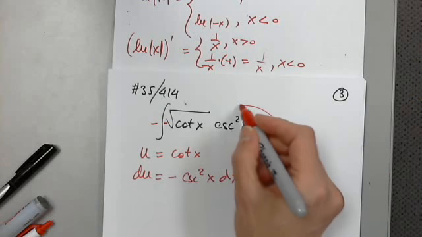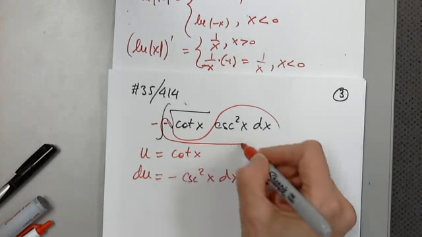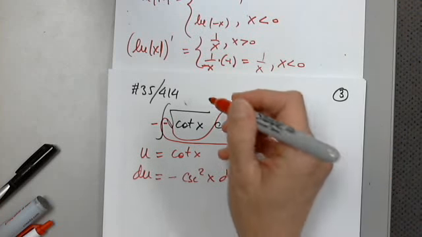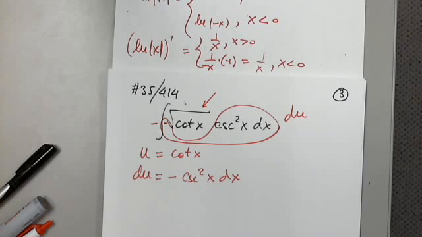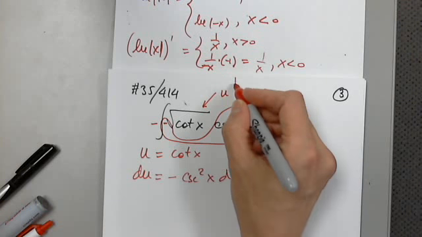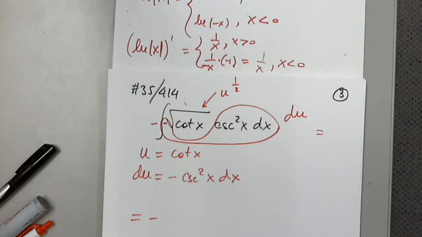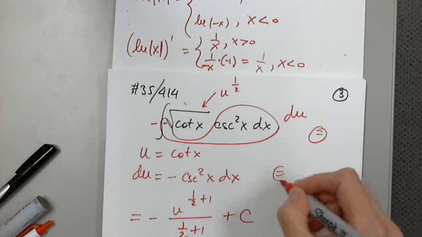But now I have this piece. What does this equal to? Perfect. And what is this? Square root of u. Very good. Or u to 1/2, because it's easier to handle that. So this is negative u to 1/2 plus 1 over 1/2 plus 1, plus a constant c. Allow me to write the intermediate step.